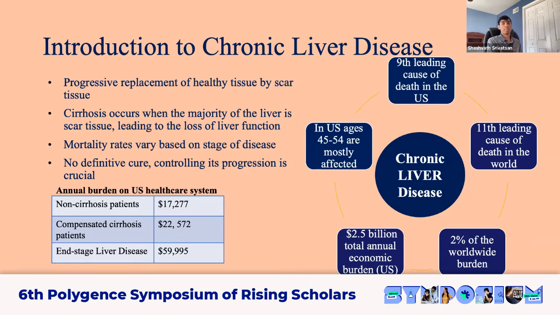It had an average annual national cost of roughly $17,000, $22,000, and $60,000 for non-cirrhosis, compensated cirrhosis, and end-stage liver disease patients, respectively, meaning how much it costs the average healthcare facility to care for that patient as they get closer to death.